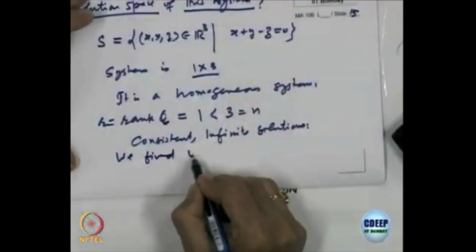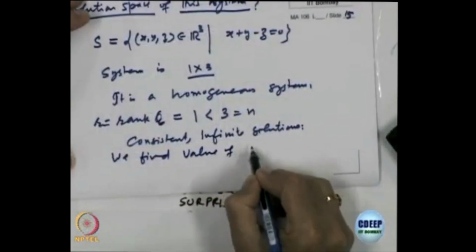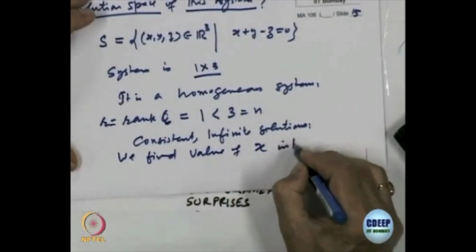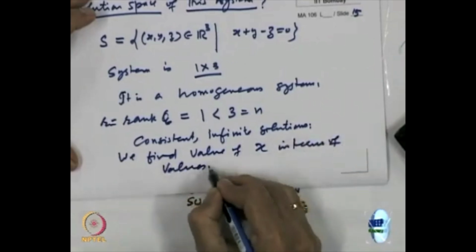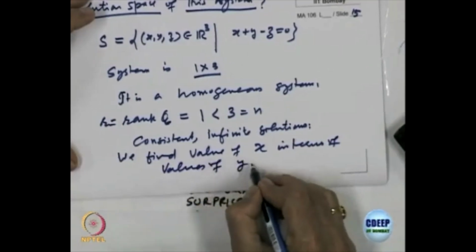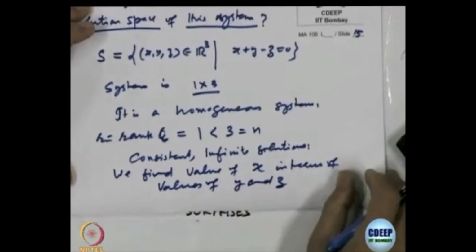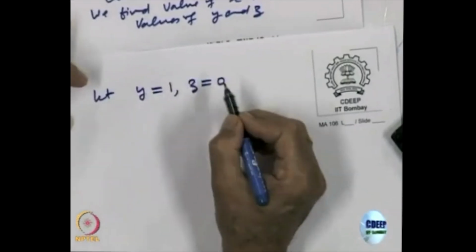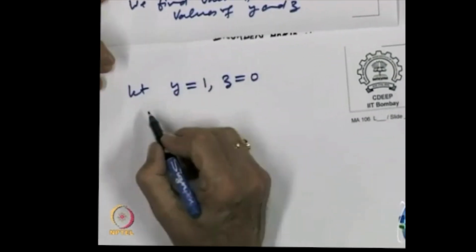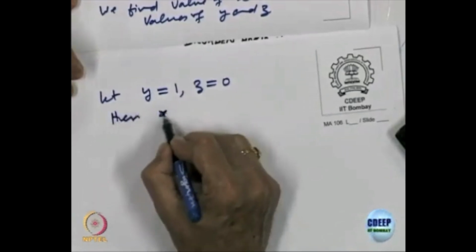So we find the value of x in terms of values of y and z. So let us do that. Let us put arbitrary values. So let y be equal to 1, z be equal to 0. Then what is x equal to?